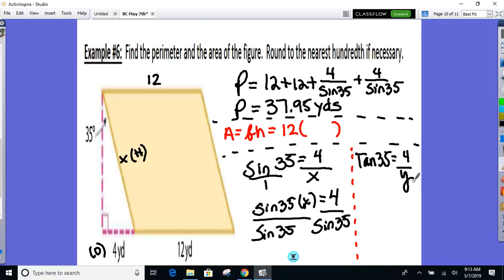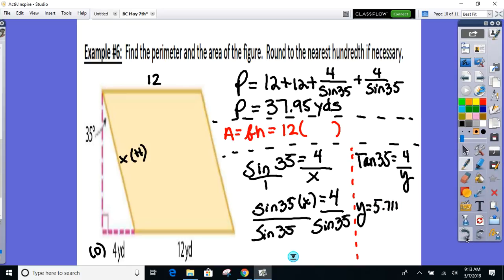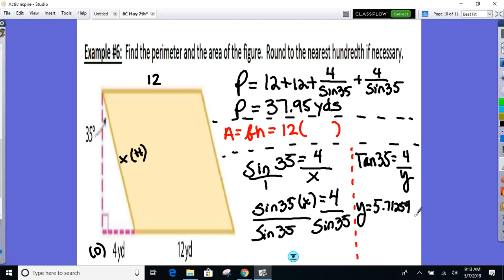Opposite over adjacent. 4 divided by tangent 35. So I'm getting 5.71259 2027. And I'll plug that in for the area.